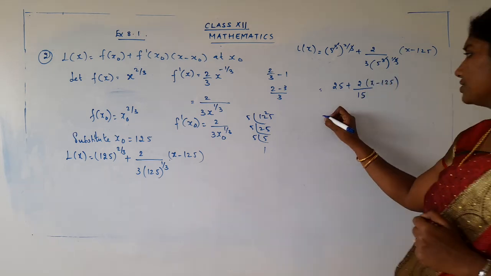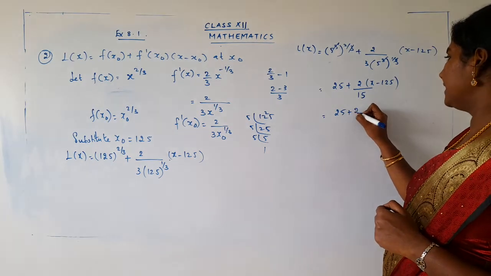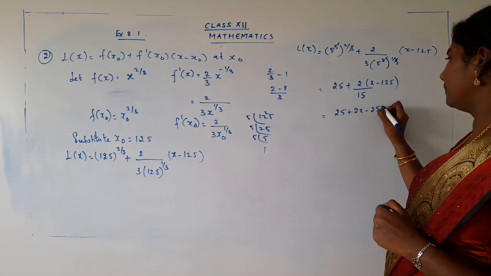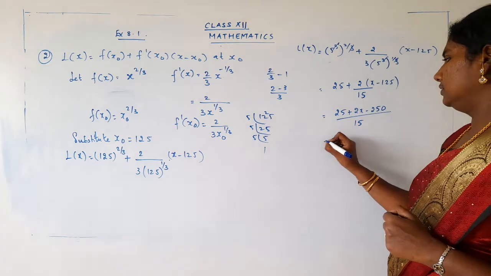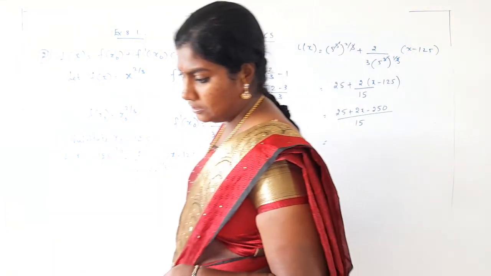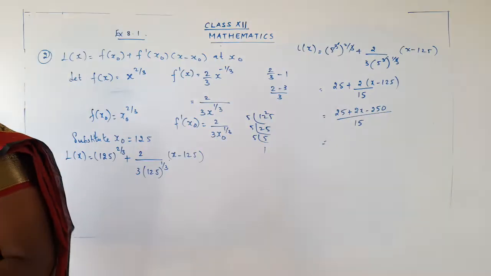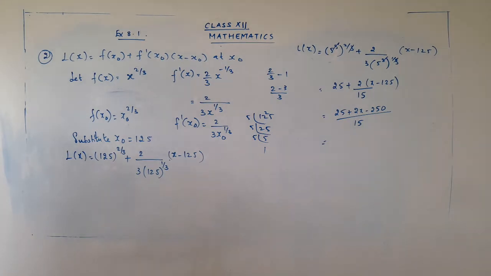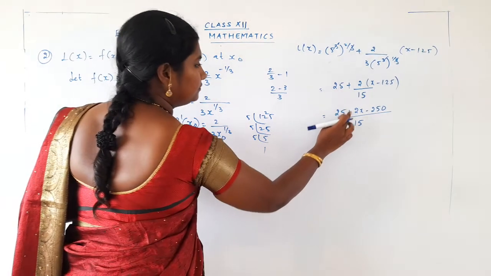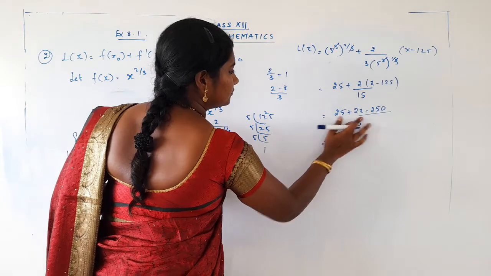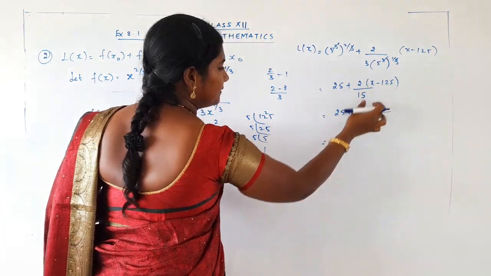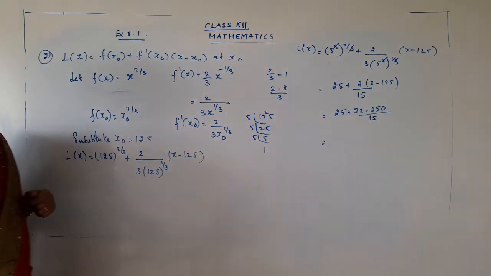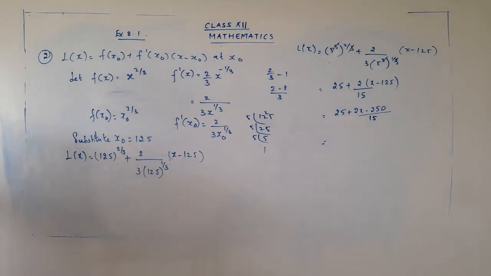Let's open the bracket. You have just multiplied this, we have not cross multiplied. So I get 25 plus 2x minus 250 upon 15.